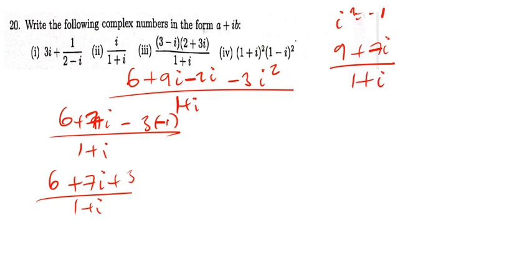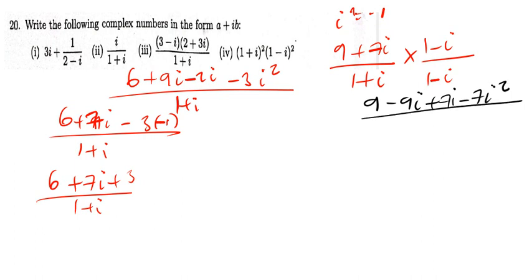When you reach this point, you can multiply by the conjugate, 1 minus I over 1 minus I. Then we can clearly see that, like I said, the top part you are going to multiply as it is. 9 times 1 is 9. 9 times negative I, negative 9I. 7I times 1 is 7I. 7I times negative I is negative 7I squared.